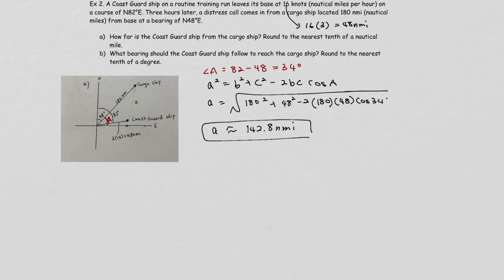Now, B is asking you to find the bearing. What bearing should the Coast Guard ship follow to reach the cargo ship? So what will be the bearing of this angle? What will be this angle bearing? That's what they're asking. So you need to start all over from here, like that.